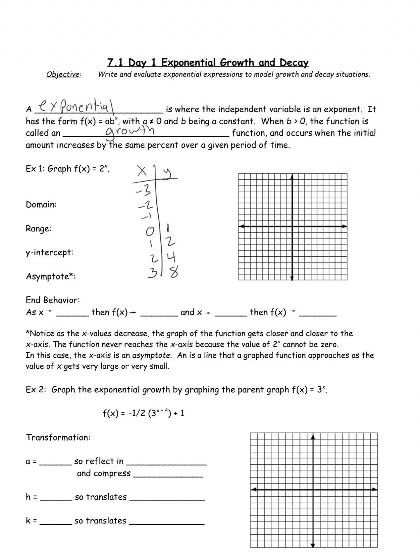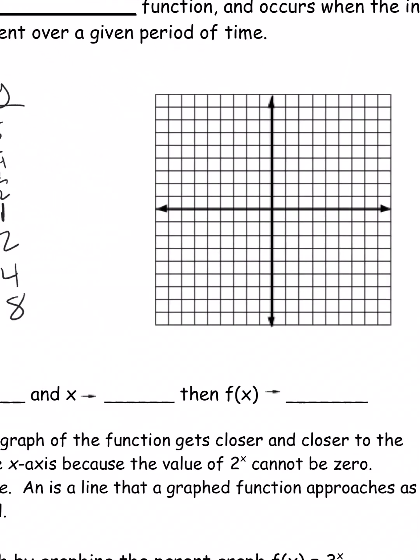Going back to the negatives, remember when we have a negative exponent, we switch the numerator and denominator and get rid of the negative. So this is 1 over 2 to the first, so 1/2. 2 to the negative 2 is 1 over 2 squared, so that's 1 over 4. And 2 to the negative 3 is 1 over 8. So now we will graph those points. So negative 3 and 1/8.